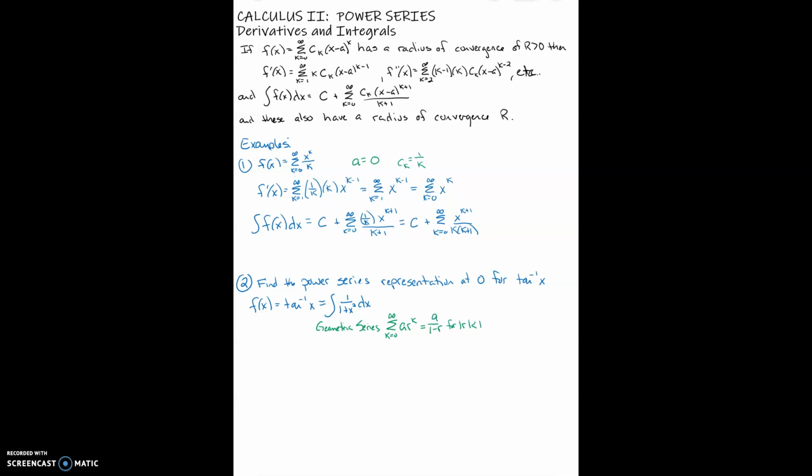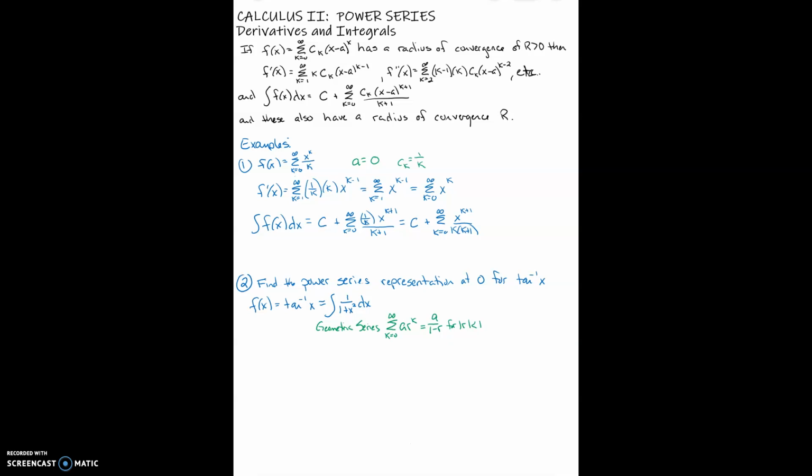In this case, I see that 1 over 1 plus x squared looks a lot like a over 1 minus r. That's how I recognized it as geometric. So I'm actually going to start with the right-hand side of this and go in the reverse direction yet again.